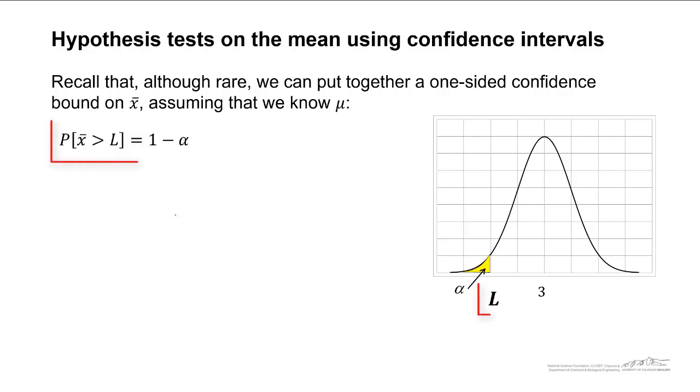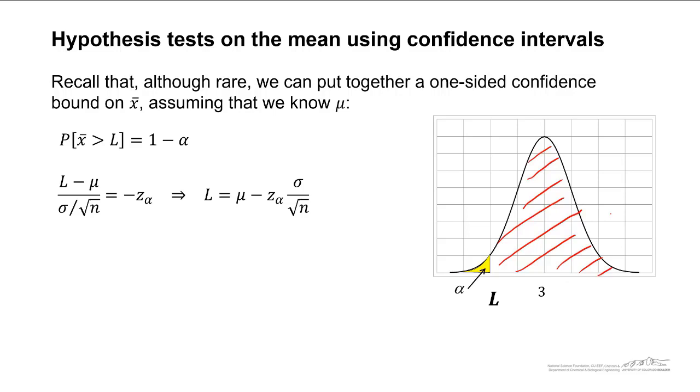Recall that the probability that the sample average is going to be greater than L, again here on the right we have a sampling distribution, is equal to 1 minus alpha. If alpha were 0.05, then we would have a 95% chance of getting an average in this red shaded region. We can convert L to a standard normal variable, negative z alpha, that is the negative of the z value containing alpha percent to the right.